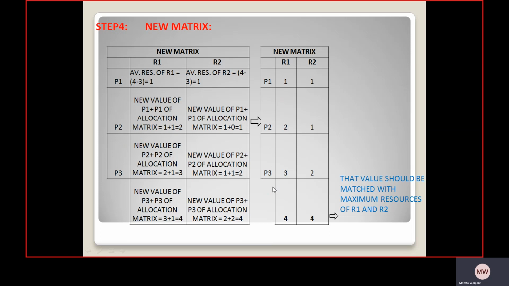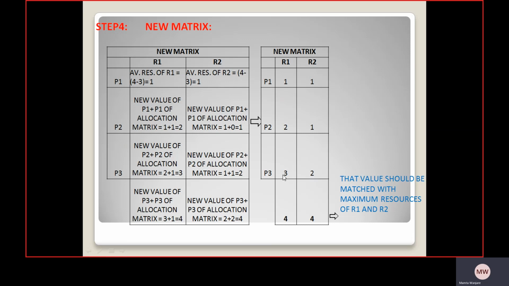Whenever you go for the P3 value, at that time you consider the P2 value of the new matrix added with the allocation matrix of P2. So that becomes 2 plus 1, that becomes 3, 2. And last is P3, because we calculated only P1 and P2 so far. So P3 we calculate depending upon P2.